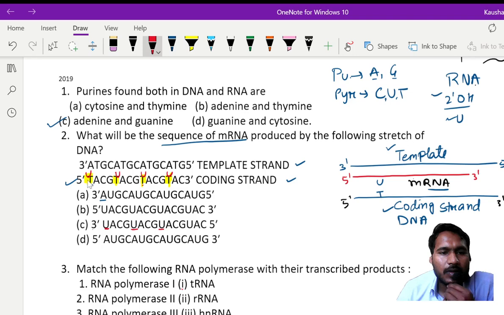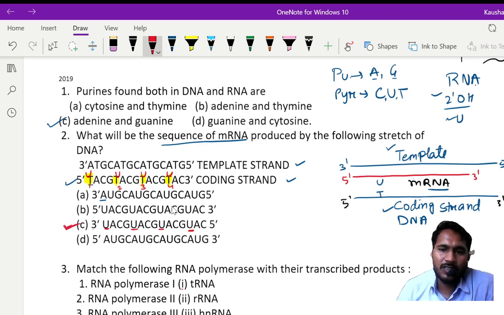U 1, 2, 3, 4, and then ACG again U. So we are done with it. This is your answer.